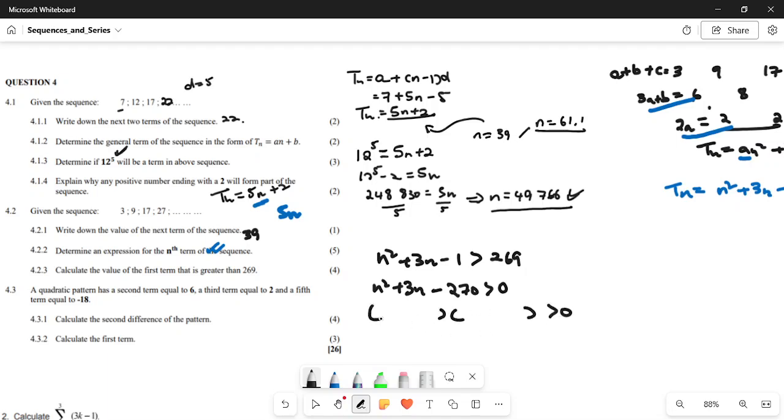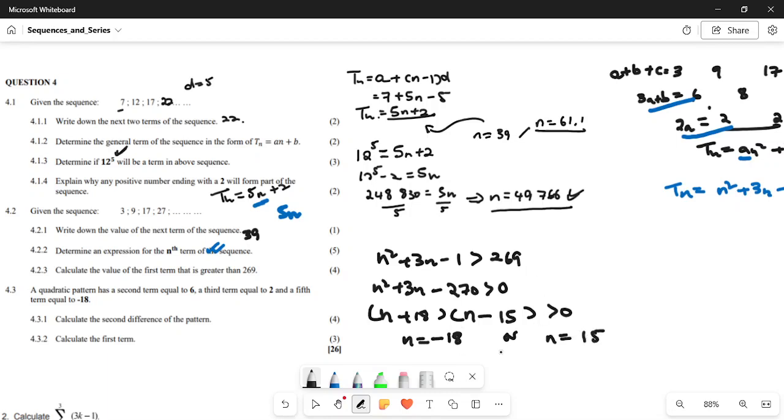I will use my quadratic formula, since I can't factorize such large numbers. So using my quadratic formula, my factors are n is a positive 15 and n is a negative 18. So therefore we have n is negative 18 or n is positive 15.